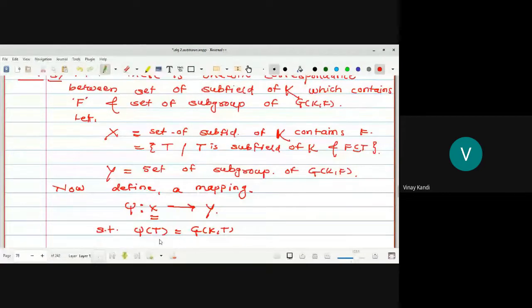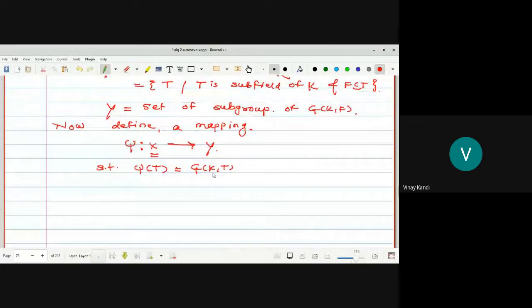So if T1, then GKT1; if T2, then GKT2, for every subfield capital T of capital K which contains F.